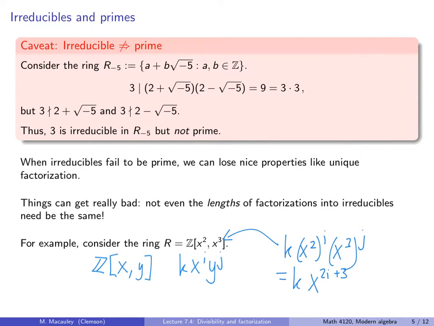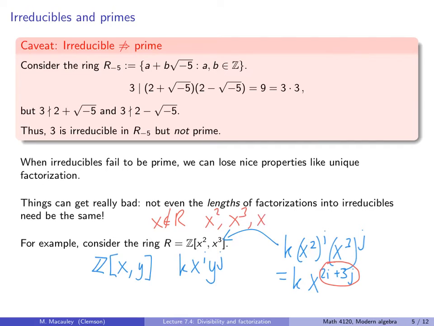plus 3j. Now, it's not hard to see that this ring here does not contain x. So x is not in R, but it's easy to see that x squared is in R, as is x cubed. And every integer can be written as 2i plus 3j. Every integer greater than 1, that is.